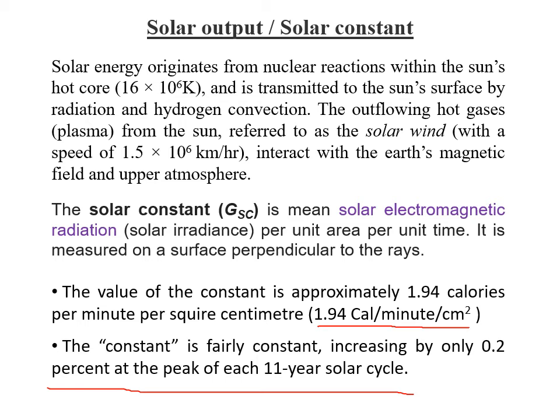Although the variation of energy is very small, it only varies about 0.2%. So although the solar constant or solar output varies in an 11-year solar cycle, that amount is very negligible.